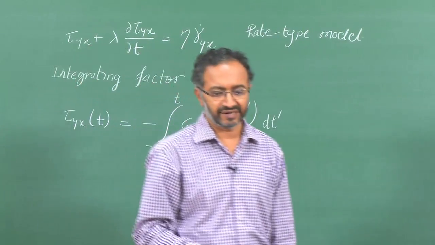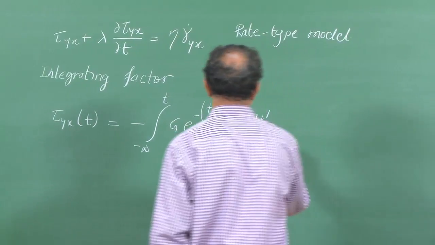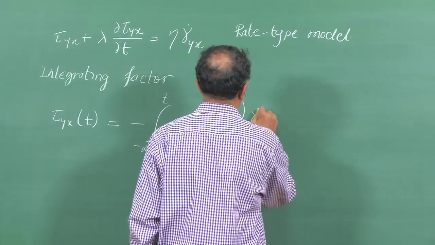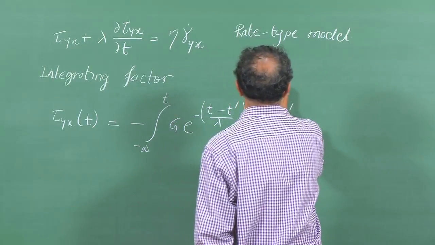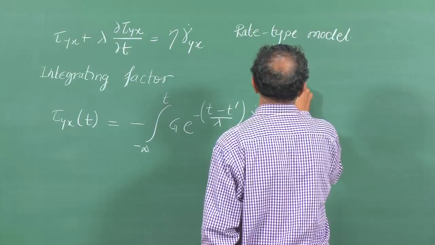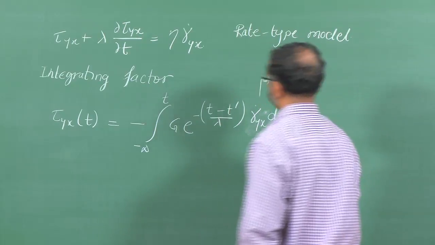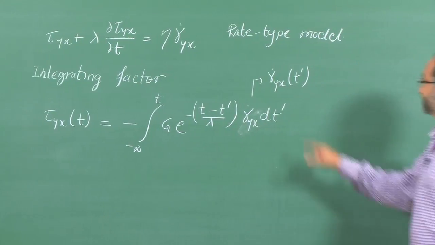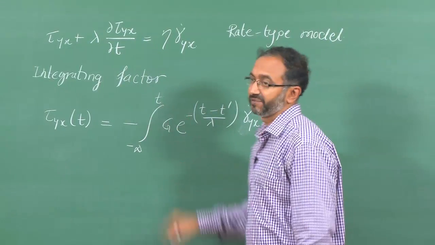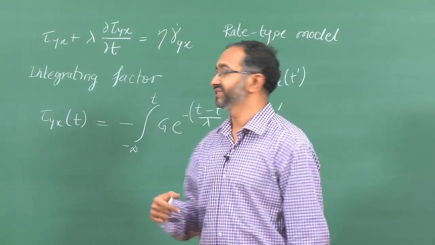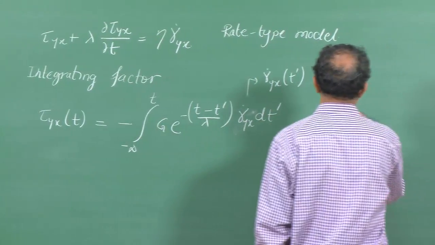So, this is the integral of gamma dot yx, and this gamma dot yx is of course at time t prime also. So, t prime is the dummy integrating variable. So, that goes from any time in the past to present time, and so this is the integral model.